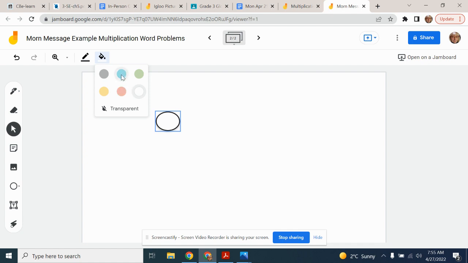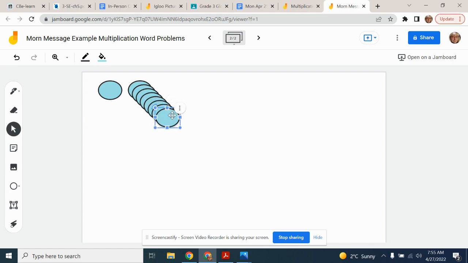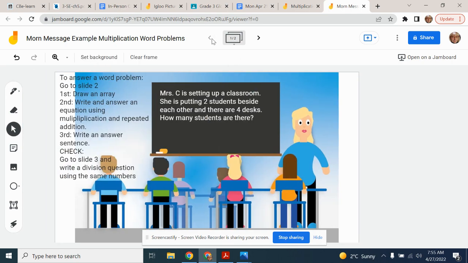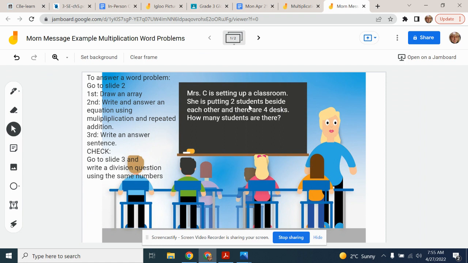You use one color. I'm going to move it up, make copies of it, and make two rows because we had 4 desks. So it looks like she has 2 rows, 4 desks.